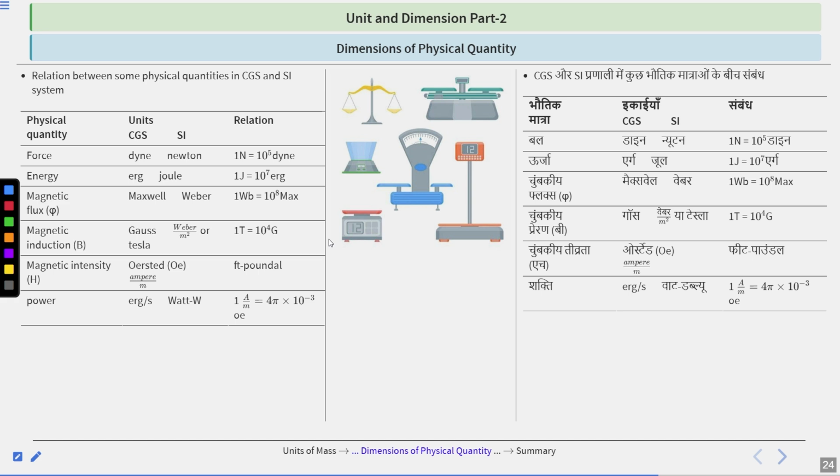Magnetic induction, Gauss, Tesla, Weber per meter square: 1 Tesla equals 10 power 4 Gauss. Magnetic intensity, Oersted or amperes per meter. Similarly with power, erg per second, watt, and then you can see them.